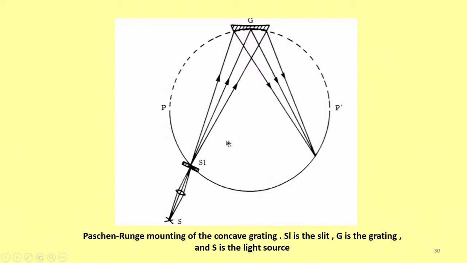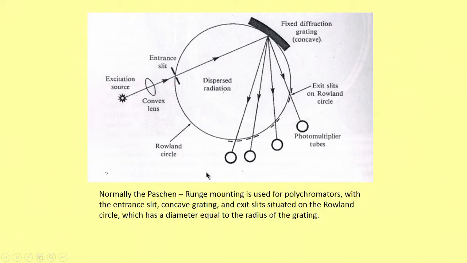So, this is the Paschen-Runge mounting with different slits S1, S2, etc. I get different wavelengths. This is used for polychromators, with the entrance slit, concave grating, etc. all fixed. That means you can determine only the prefixed elements.